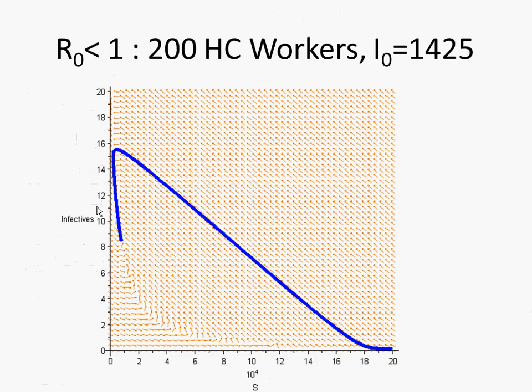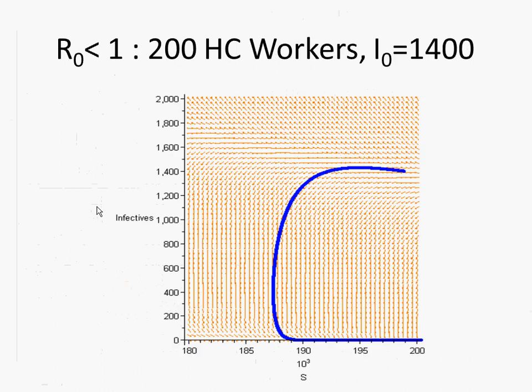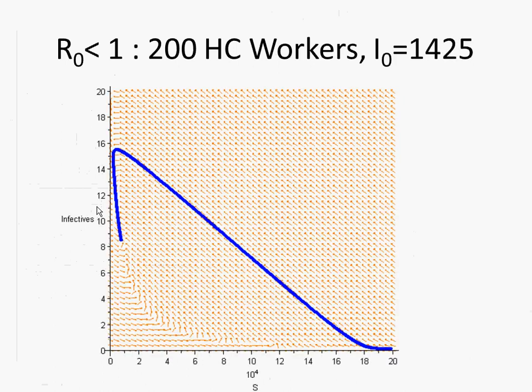So we'll see the use of what are called phase plots in this context. With nonlinear models, these come to the fore. Situations, for example, where we have two situations differing here only in terms of the initial number of infectives per healthcare worker.